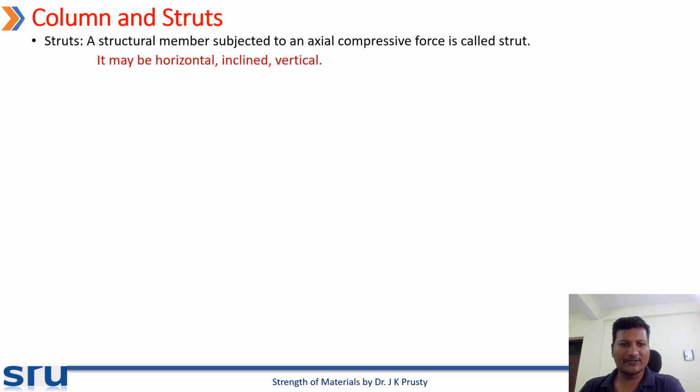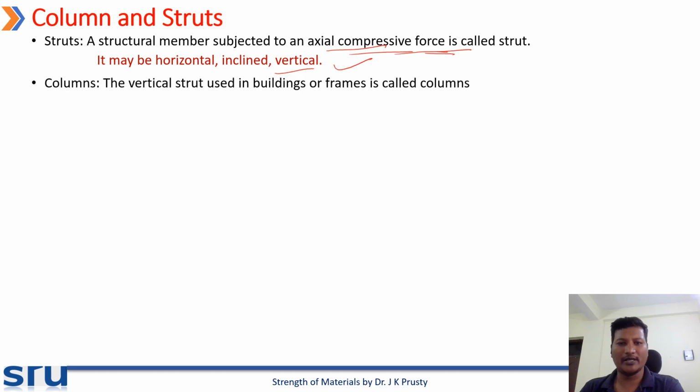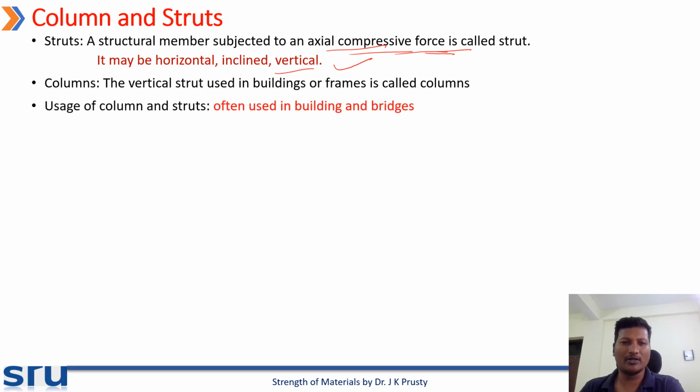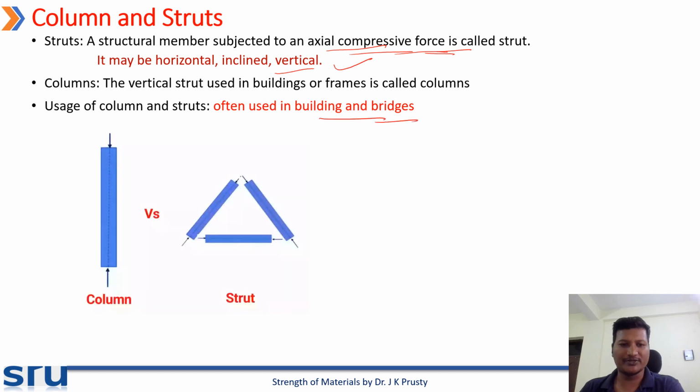So coming to struts, as I already told you, a strut is a structural member subjected to an axial compressive force. It may be horizontal, it may be inclined, it may be vertical. But the vertical strut used in building frames is called a column. I already discussed that columns and struts are used in buildings and bridges.